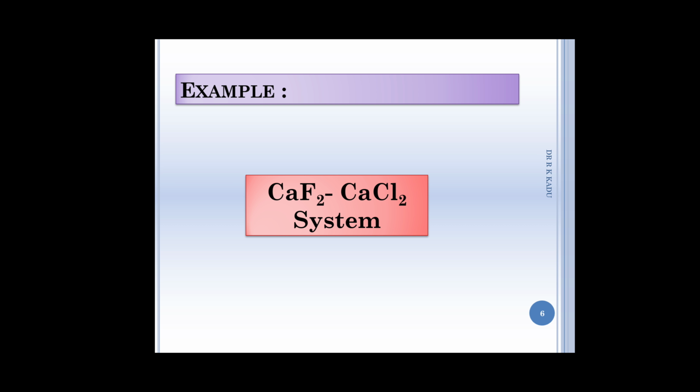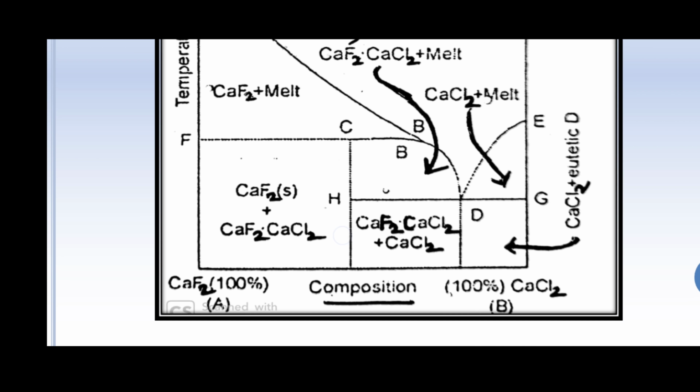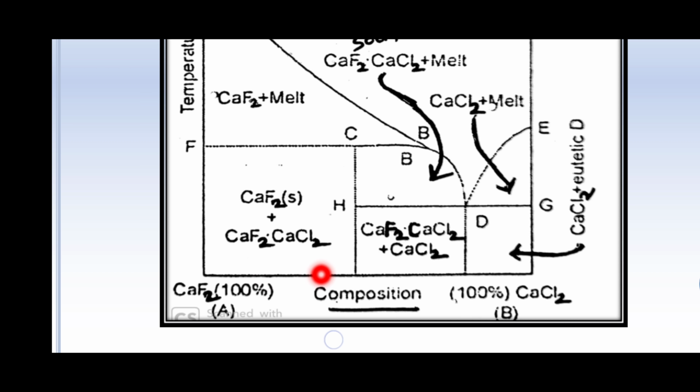The best example of such a system is the CaF2-CaCl2 system. This is a phase diagram of the CaF2-CaCl2 system. In this phase diagram, this line is showing the composition of the two compounds, namely CaF2 and CaCl2.